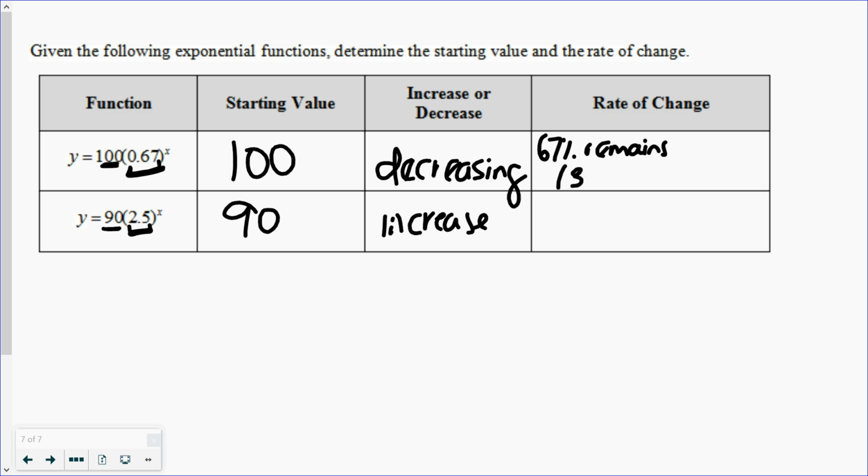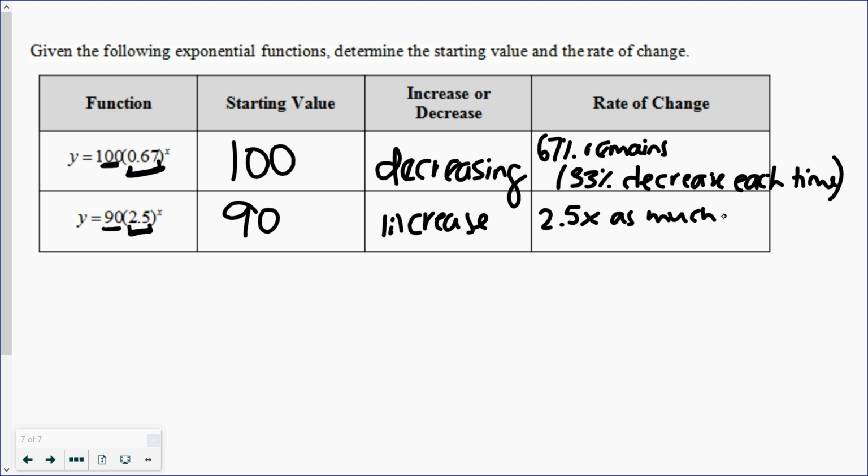So 33% decrease each time. And then this one would be like 2.5 times as much each time.